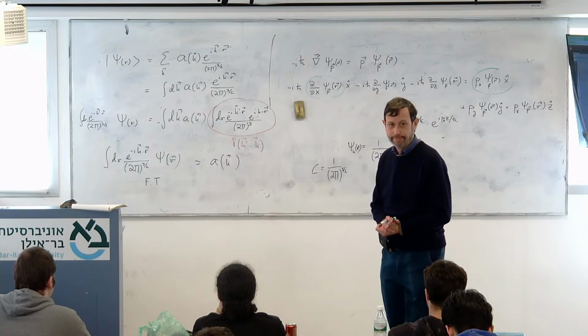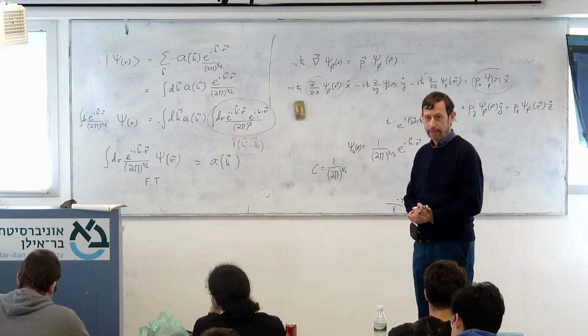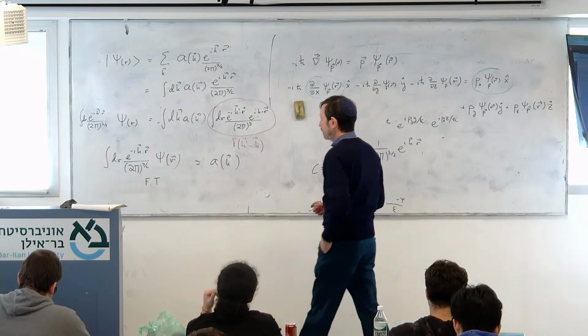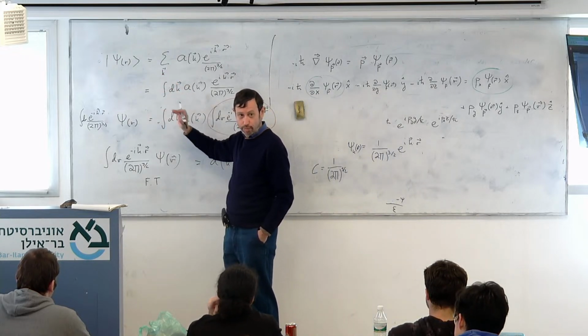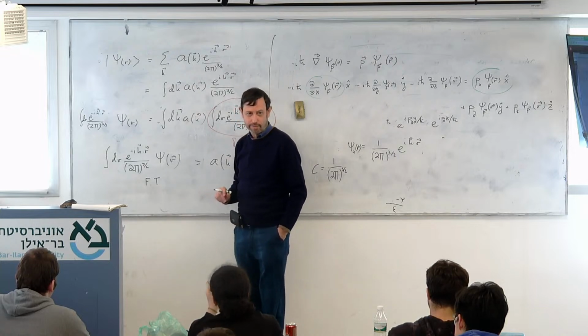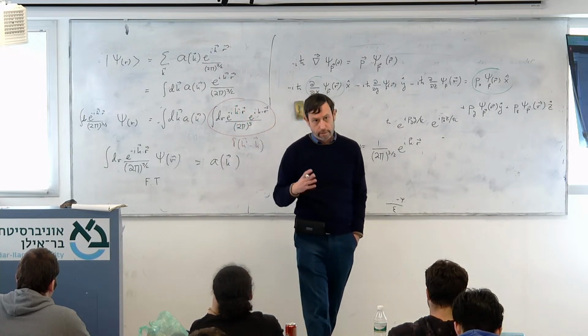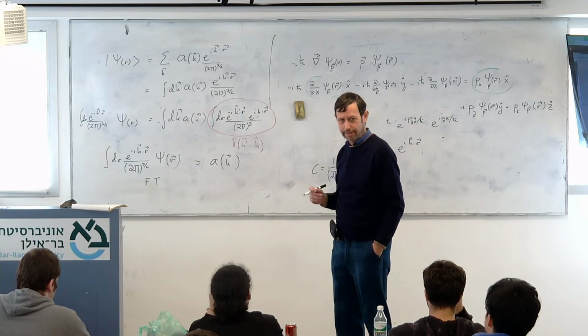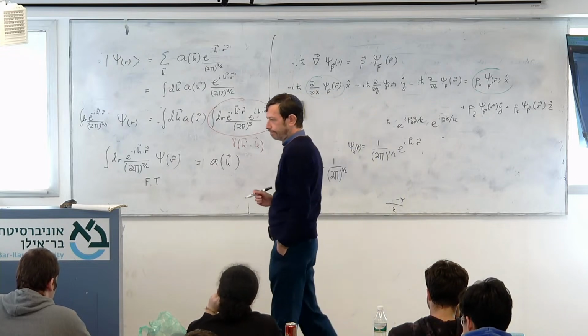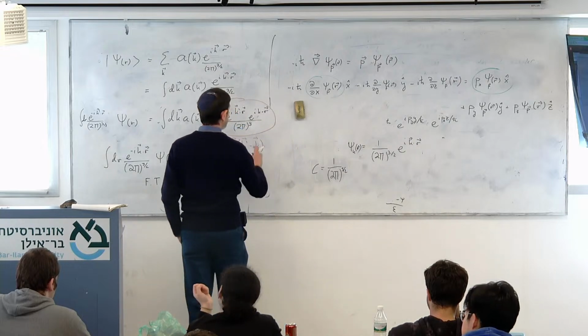That's it. So as I promised at the beginning of the course, we are starting to see how we move from one basis to another basis. This could be generalized, and we will generalize it.